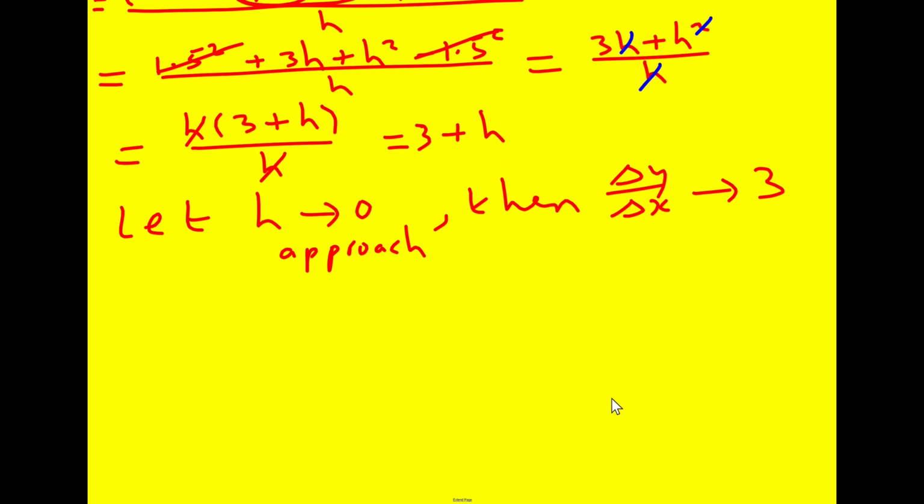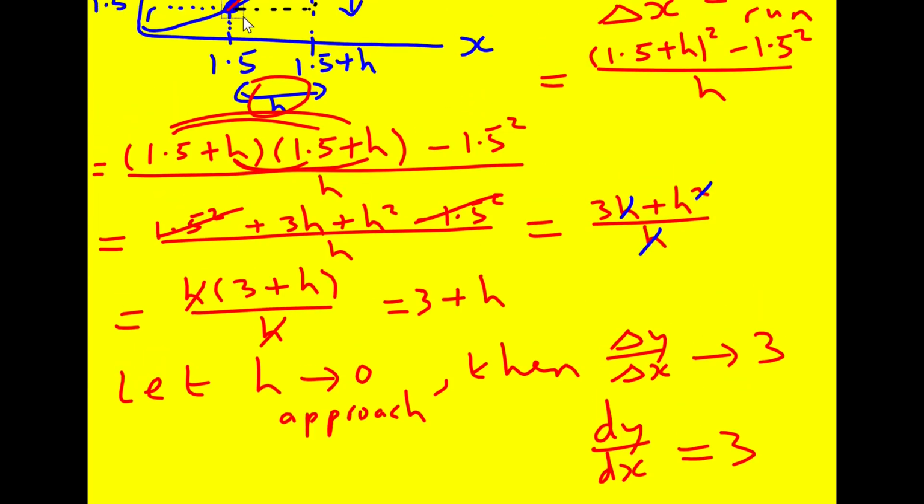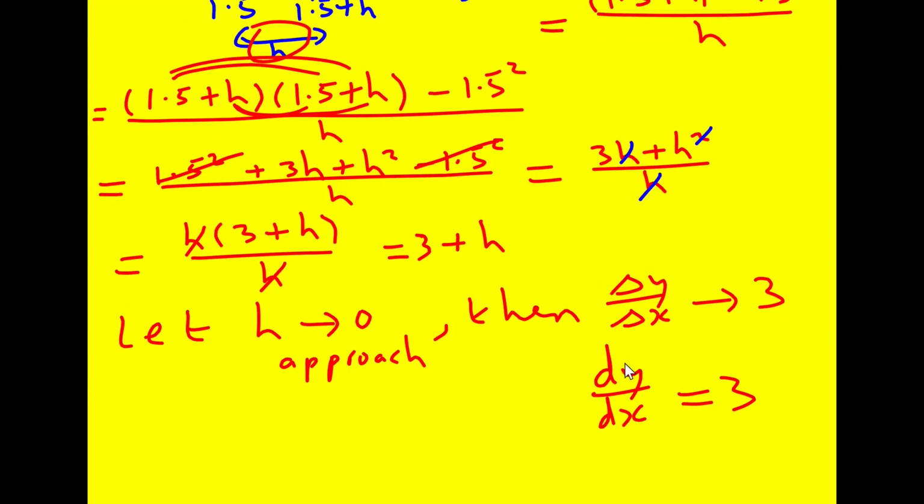And actually, what we say is that dy by dx equals 3. So this is the gradient of a tangent that I'm used to, but I call this the instantaneous gradient. And actually these are the same things. The limit as h approaches 0 of the gradient is actually dy by dx.